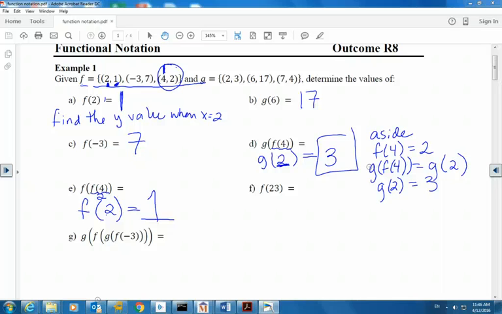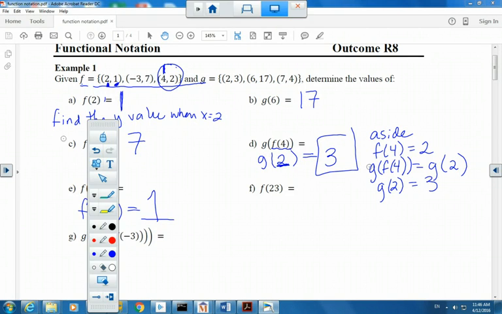Okay. Now the next one. Find f of 23. Not going to happen? Why not? It's not in the domain. It's not listed in my set of points, right? Can I find x equals 23 here anywhere? No, it's not listed.